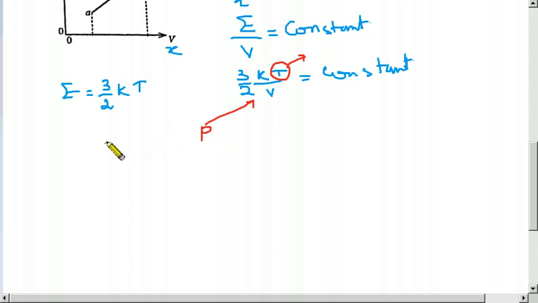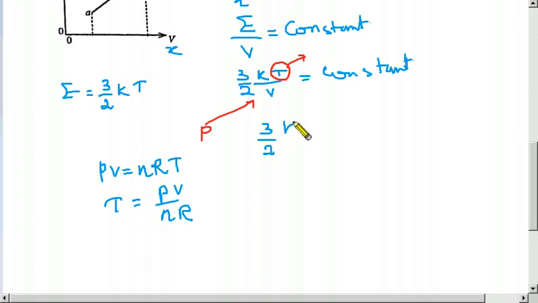So let us use another equation. Therefore PV equals nRT we can use. Let us isolate T here. PV divided by nR is equal to the absolute temperature. So let us substitute it here: 3 divided by 2 k divided by V, and instead of T, this term, PV divided by nR.